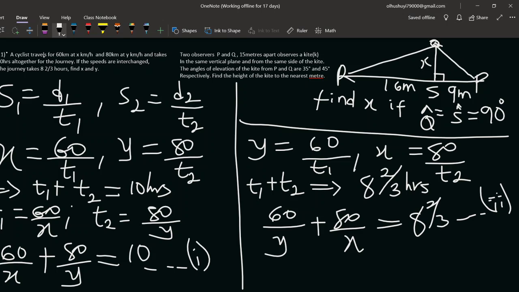For us to get x and y, we solve the two equations simultaneously. And how can we do that? Since we have 60 over x plus 80 over y, we have different ways we can solve this. But I feel if we can write this as this, please follow me.